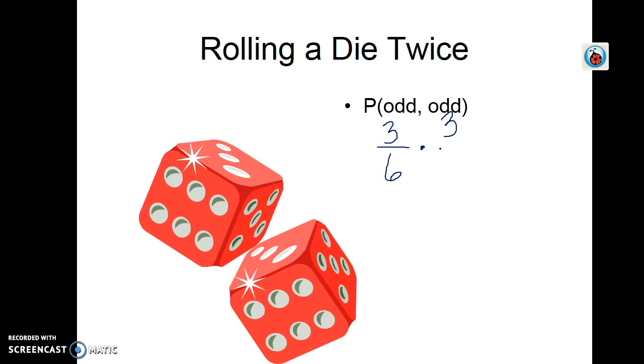Still 3 out of 6. So for me to get odd and then odd again, that would be 9 out of 36. Things like 1,1, 1,3, 1,5, 3,3, 3,1, 3,5, 5,1, 5,3, 5,5. Those are the 9 different possibilities.